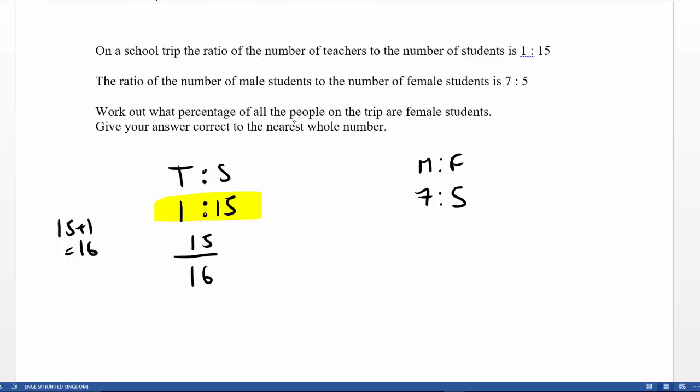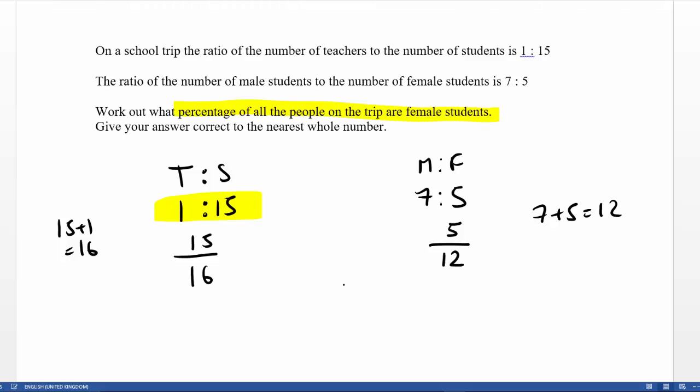And in the question they're saying we want to know the percentage of all the people on the trip that are female. Okay, so we've got 7 and 5 here. There are 5 females. What is 7 add 5? That's going to be 12. So that's a total. Yeah?